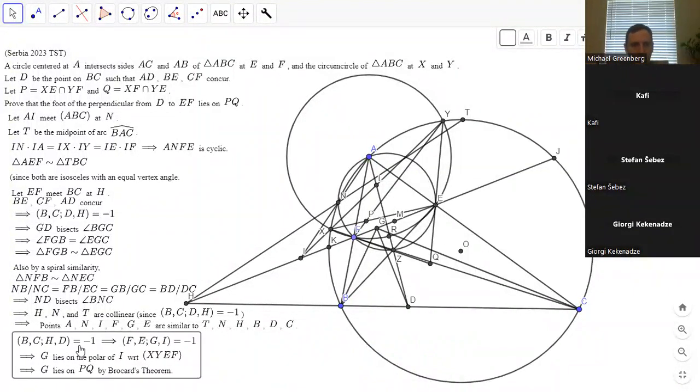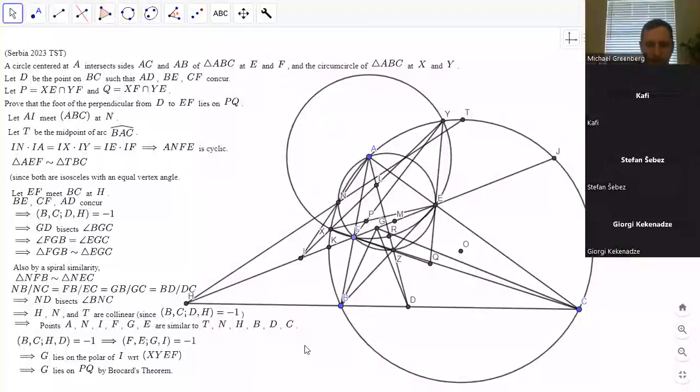So what was your way of solving this, Stefan? I didn't do this spiral similarity.